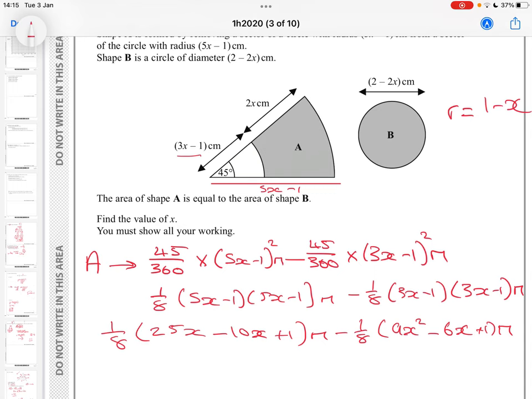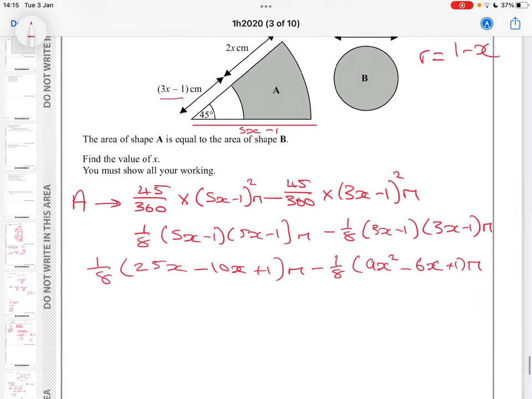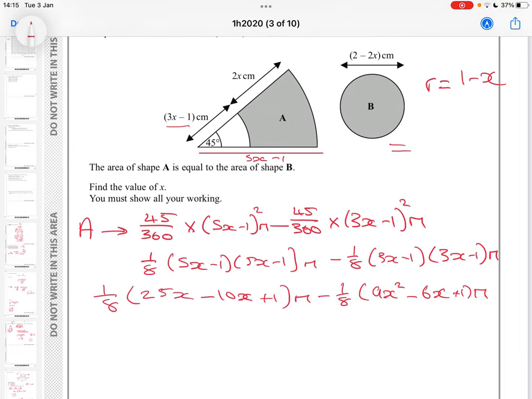Okay, for now I'm going to leave it like that, and I know this is going to equal the area of B, which is pi r squared, so we're going to have 1 minus x, 1 minus x, times pi.